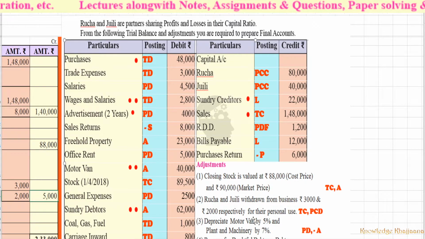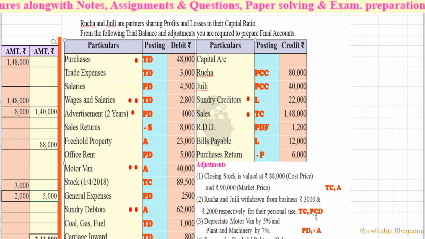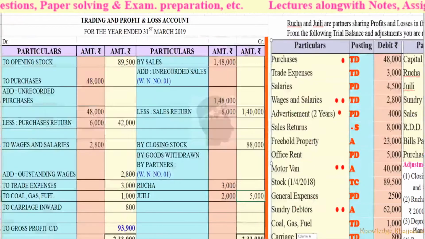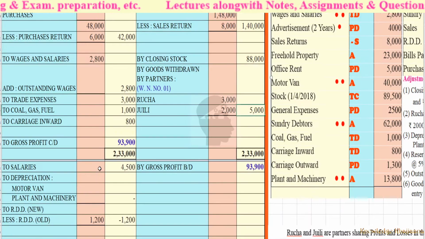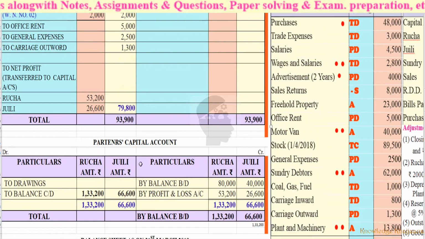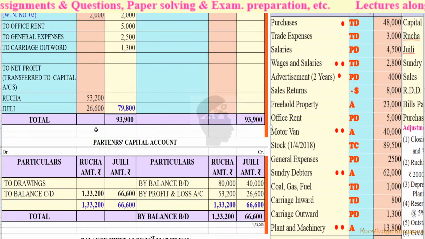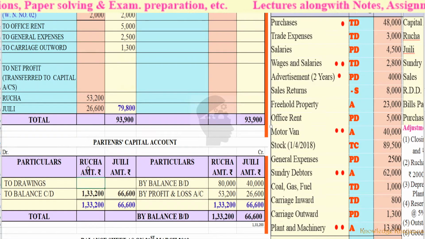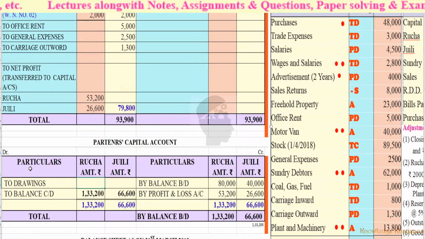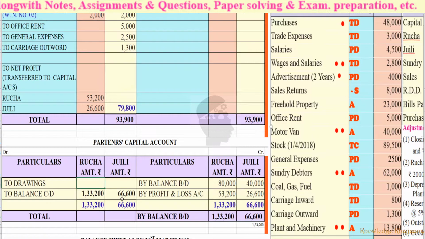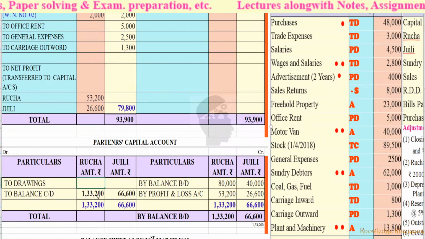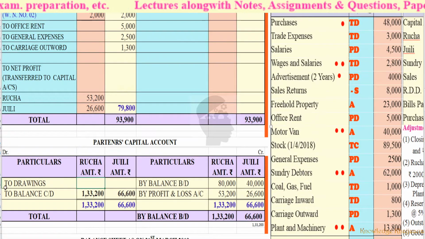Its second recording will be done to the partners' capital account debit side. Why? Because we are maintaining a separate partners' capital account, as we learned in the pro forma and solved some problems in the first subtopic. In the partners' capital account, with particulars, Rucha's amount and Jewelry's amount, the drawings will come to the debit side.